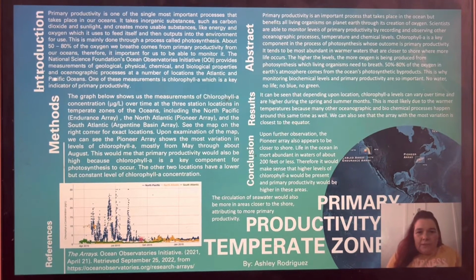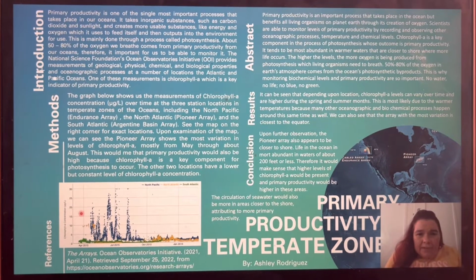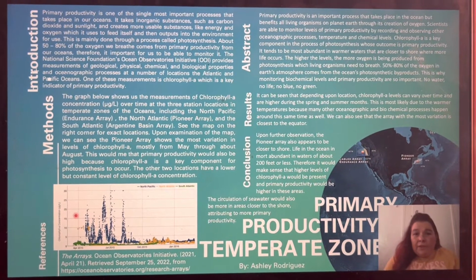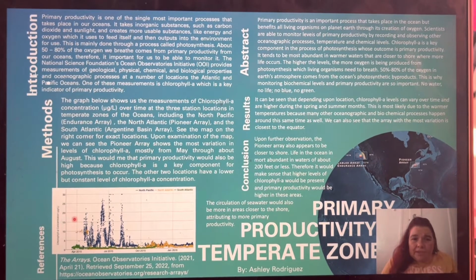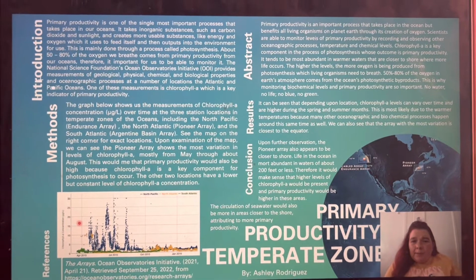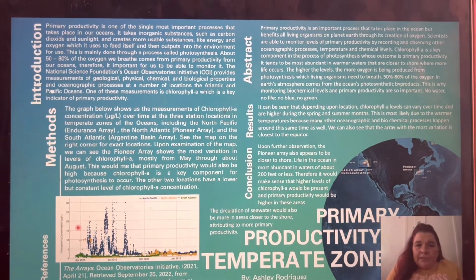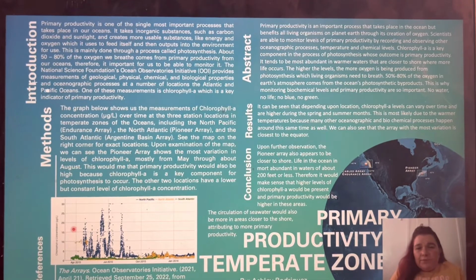As a result, you can see that depending upon the location, chlorophyll A actually varies over time and in different locations, and it's usually higher in the spring and summer months. It's most likely due to the warmer temperatures, which we just went over.